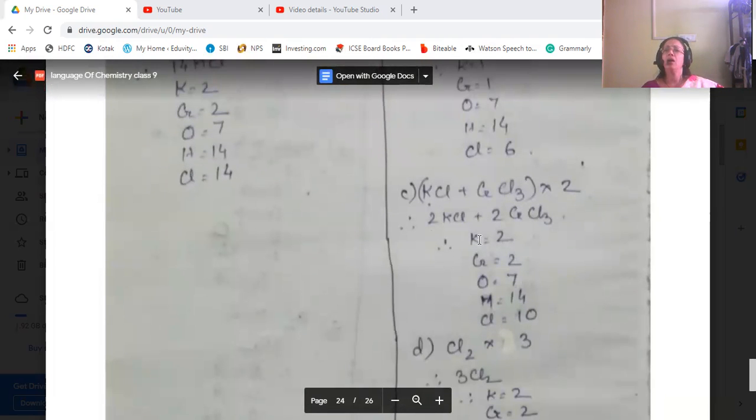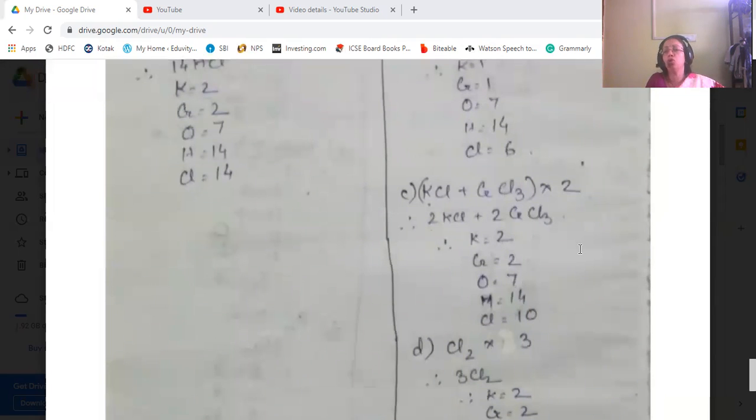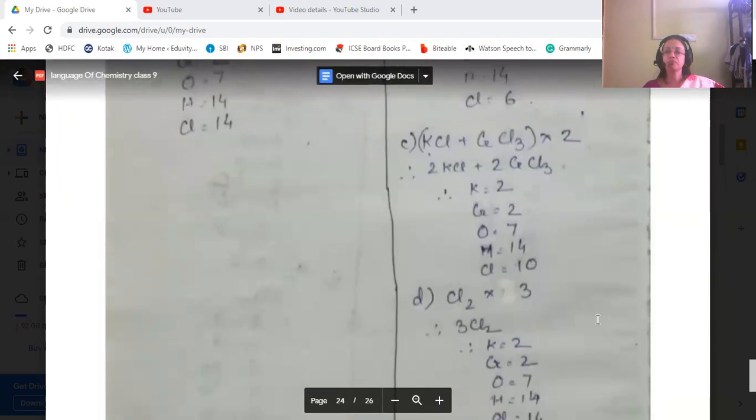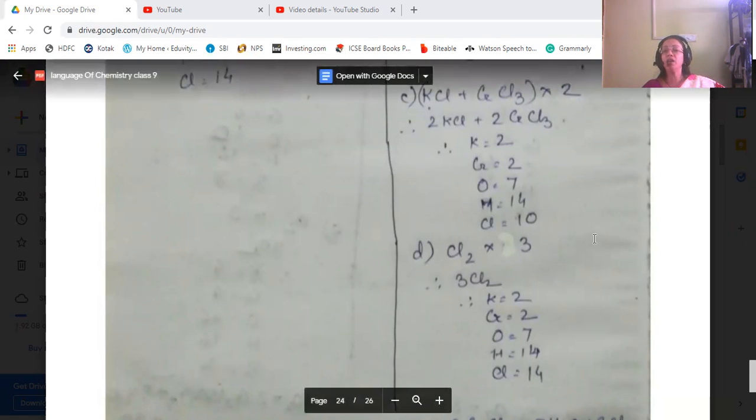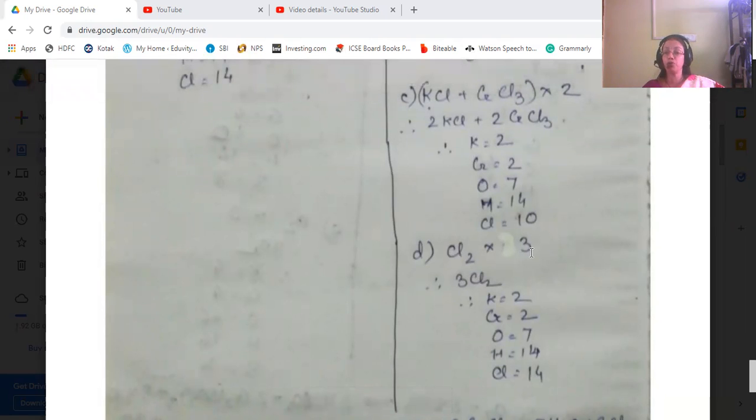That makes potassium 2, chromium 2, oxygen 7, hydrogen 14, and chlorine 10. So chlorine on the reactant side is 14, and on the product side, it's 10. That means a deficiency of 4 chlorine is still there. So we need to multiply Cl2 by 3, that means 3Cl2.